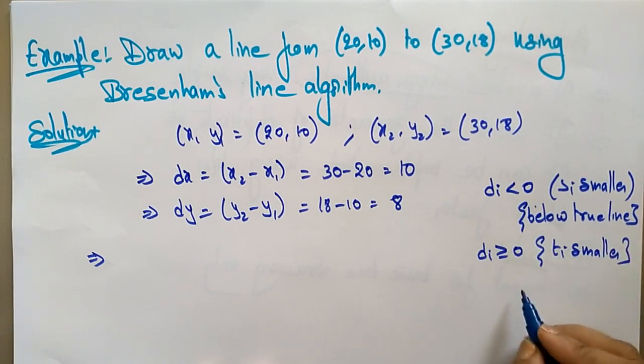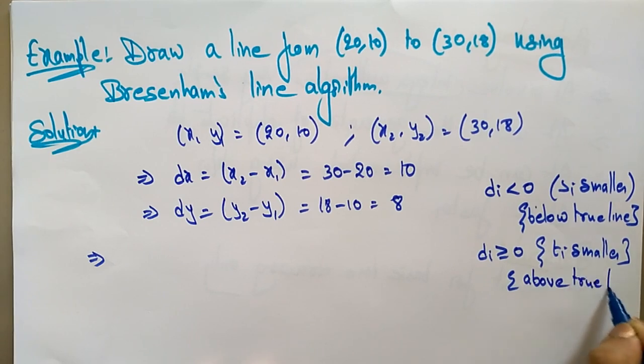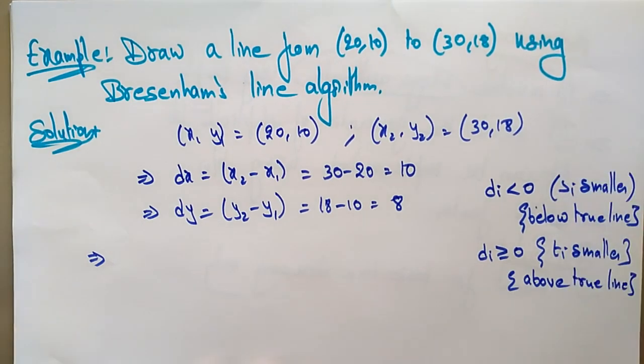T_i is nothing but the pixel that is closest to above the true line. Above the true line.